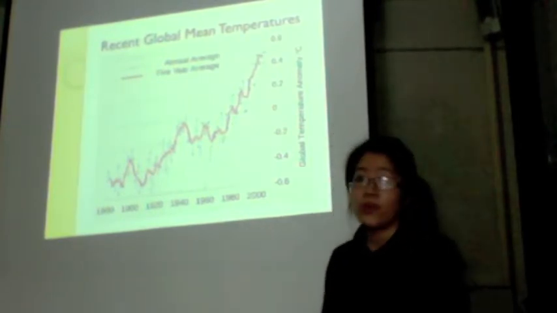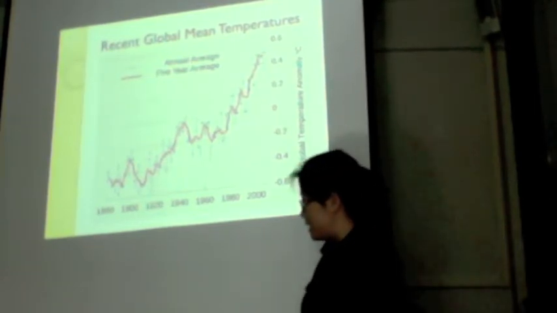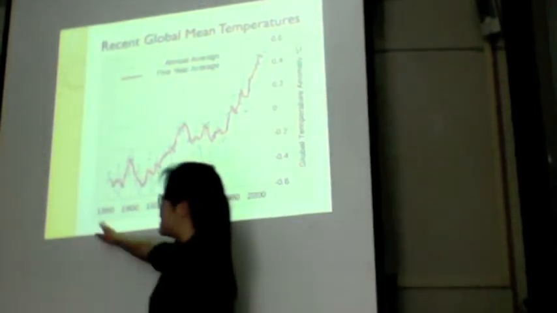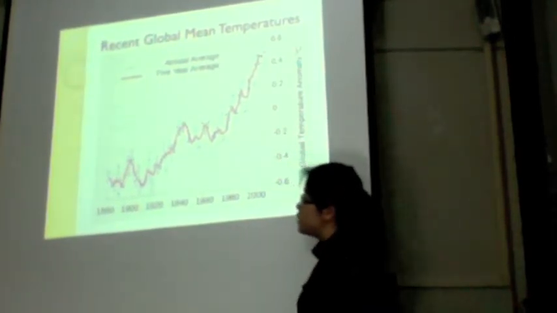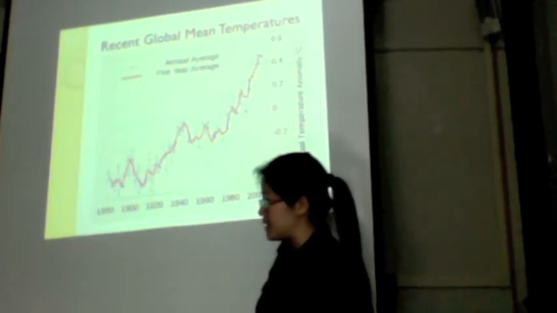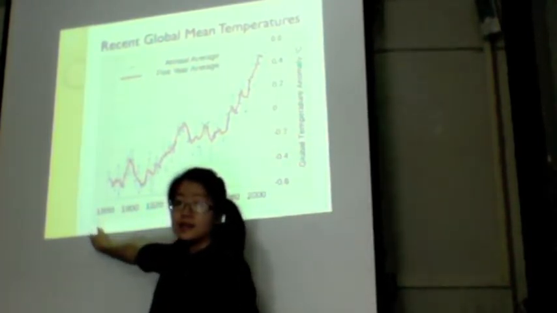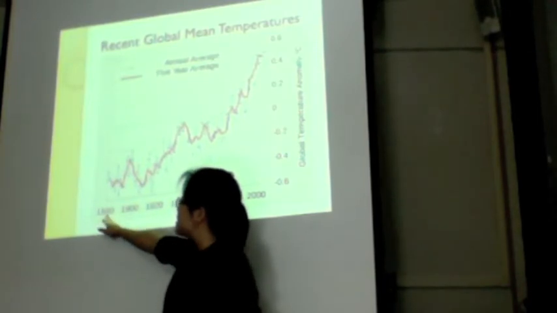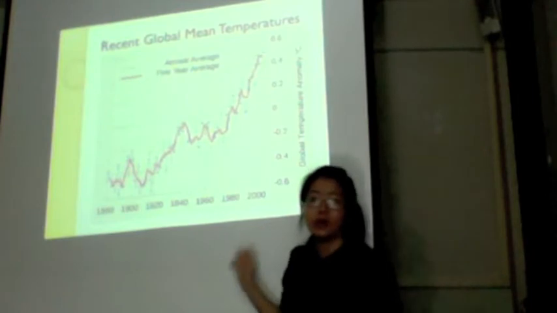This one is the recent global mean temperature. It is during the period from 1880 to 2000. You can see that since industry began at 1880, there is a long warming trend till now.